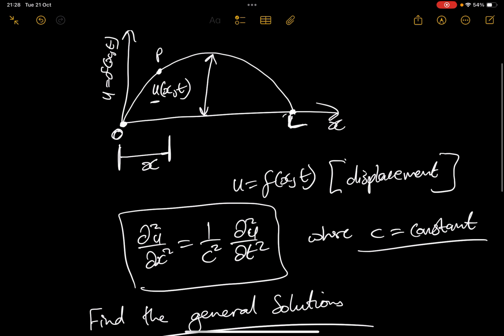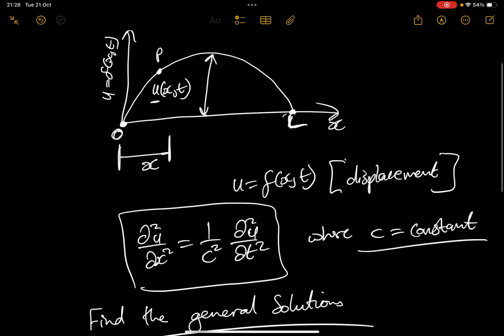Remember that if your roots are alpha plus or minus i beta, that means your final function is going to be e to the alpha x times a e to the beta x plus b e to the minus beta x, like this.